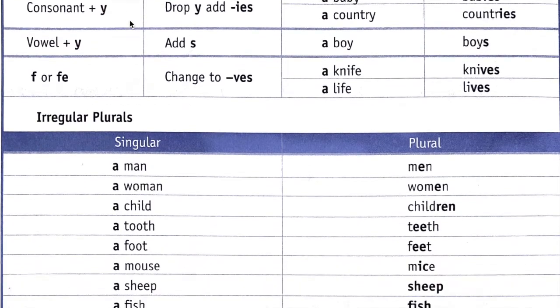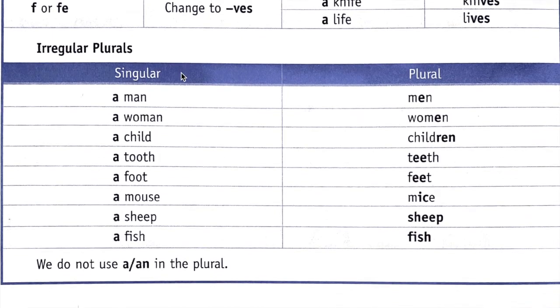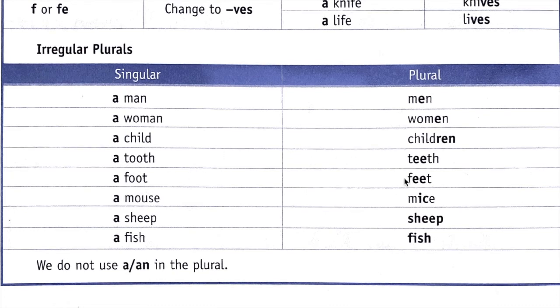Now we move on to the irregular plural nouns. For example, you may have a man, but you change the spelling of man and it becomes men. A woman becomes women. A child becomes children. A tooth becomes teeth. A foot, feet.